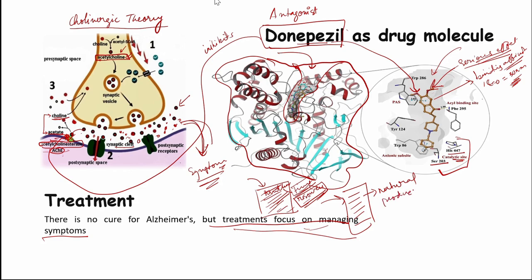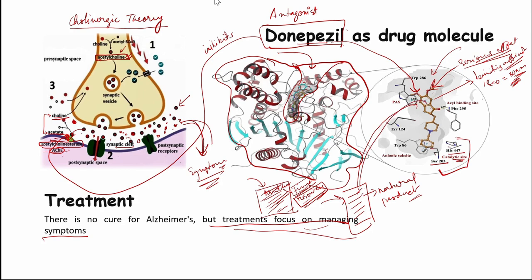So let me just tell you what molecular docking is. Okay, so let's see what is molecular docking. Molecular docking is a technique to predict the ideal orientation, affinity, and interaction of a ligand in the binding site of your target protein or enzyme, right?